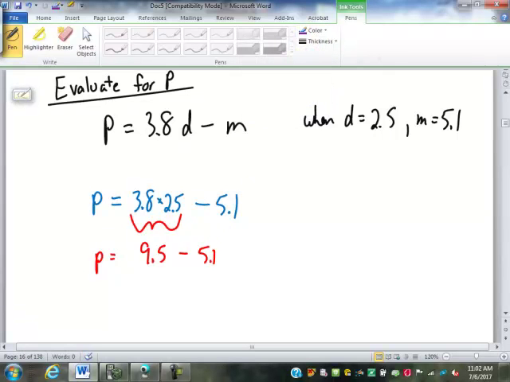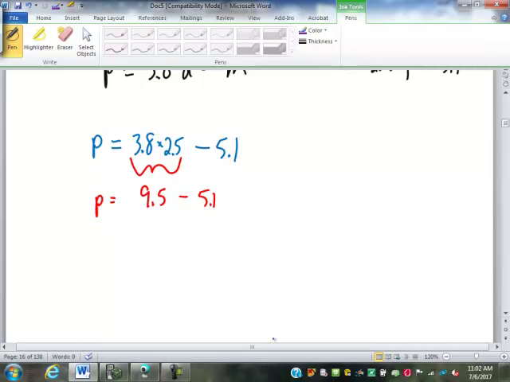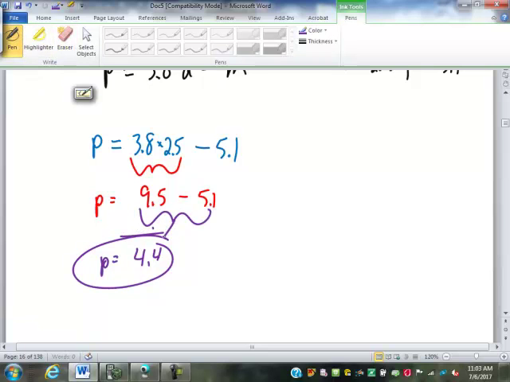And then we do have to subtract the 5.1. This is 4.4, correct? So P equals 4.4. I probably should have written this out like that. I should have just done this. 9.5 minus 5.1 is 4.4.